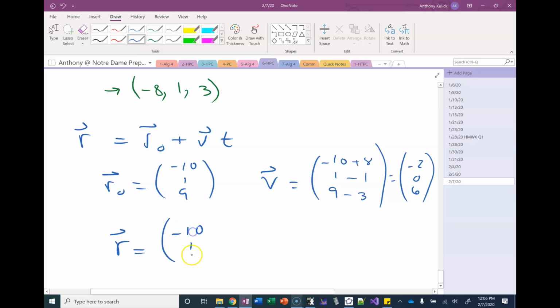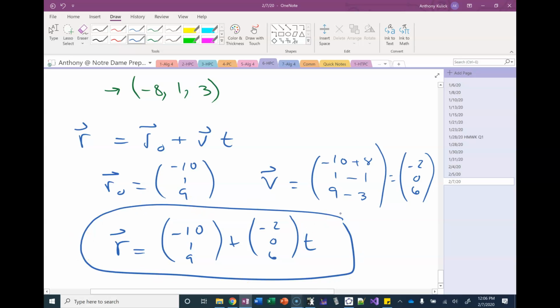So my final answer is this. That is my line that is on the intersection of these 2 planes. Of course. Okay. We're going to stop here.